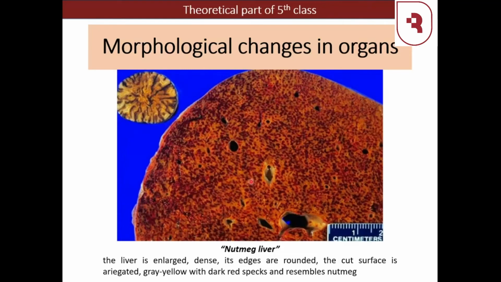On the cut, we may see light yellow areas and dark red spots. The most important changes in these areas are associated with venous hyperemia in the dark red areas and with parenchymatous fatty degeneration in the yellow ones.